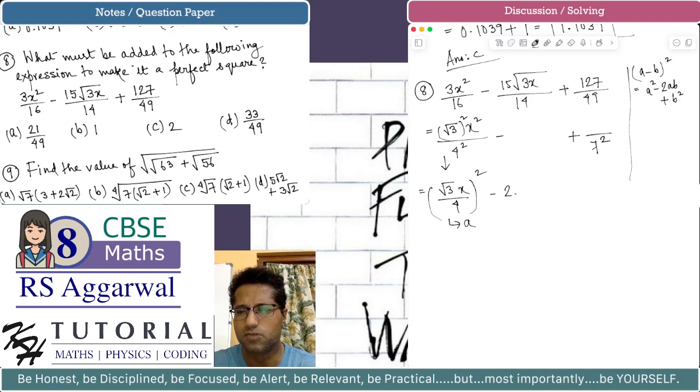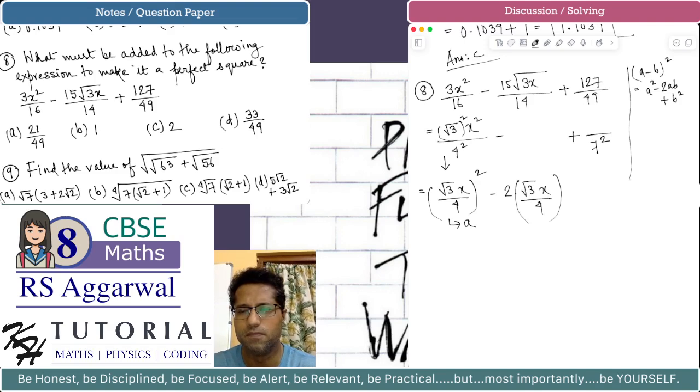Now the b square will come from the term 127 by 49, and minus 2ab has to be the term minus 15 into root 3x by 14. So if that is the case, then we must have minus 2 into the a, which is square root of 3 into x by 4, and we must have b.